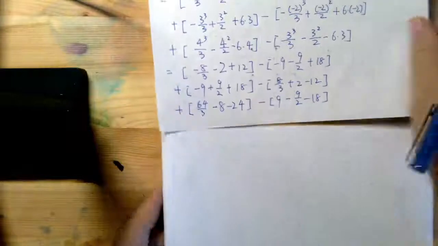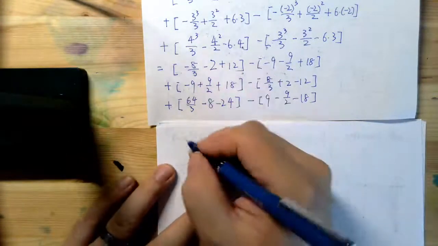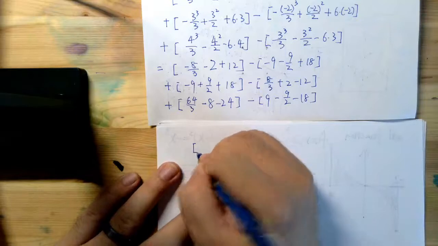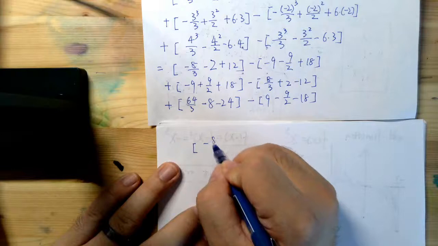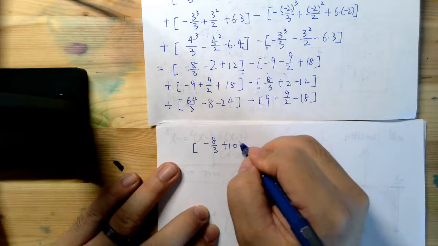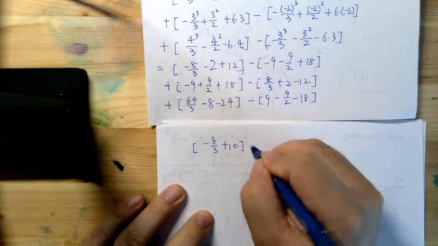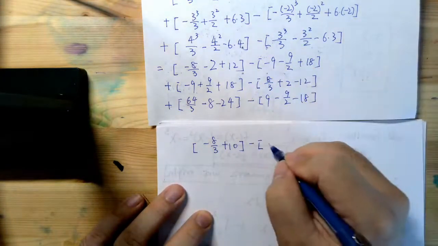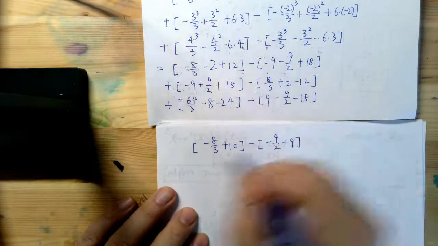And we can simplify those brackets first with the integers. So this one is going to be negative 8 over 3 plus 10. And minus 9 over 2 plus 9. I just calculated the integers.